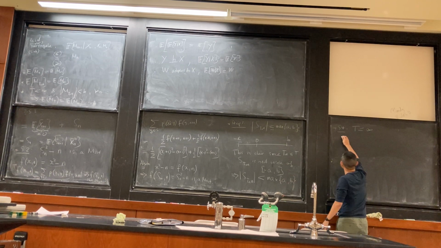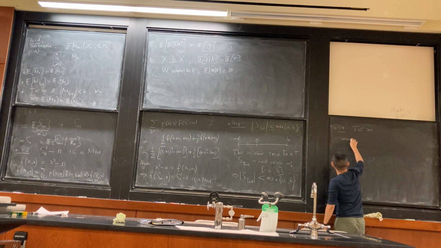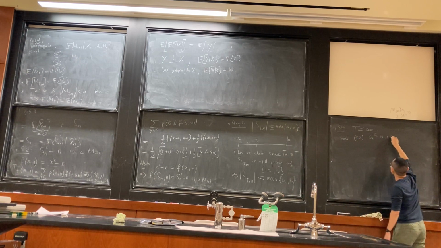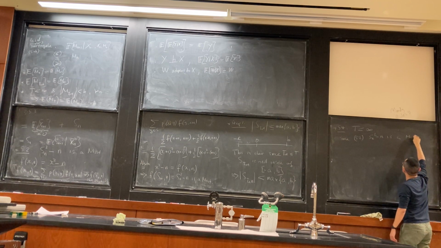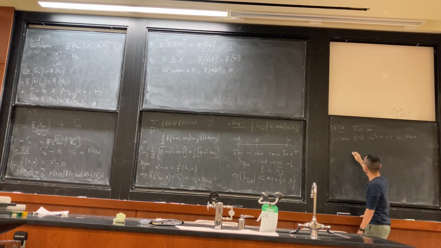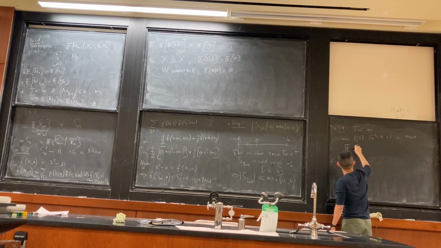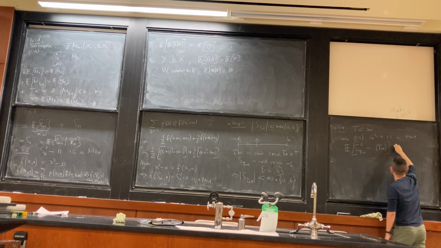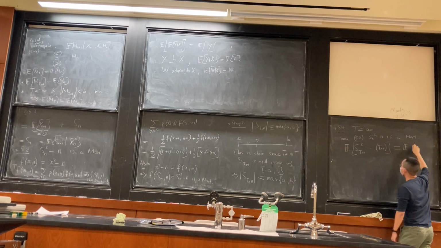Since from step 2 we know S_n squared minus n is a martingale here, we have a special value of S_{T∧n} squared minus T∧n, which is equal to the special value of S_0 squared minus 0.